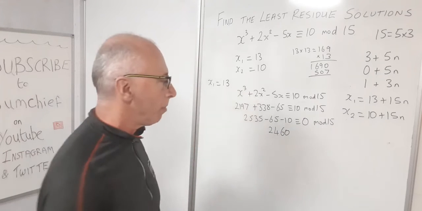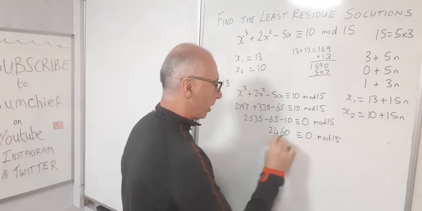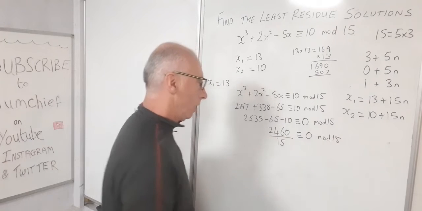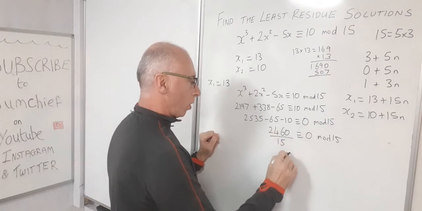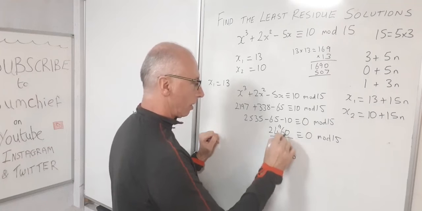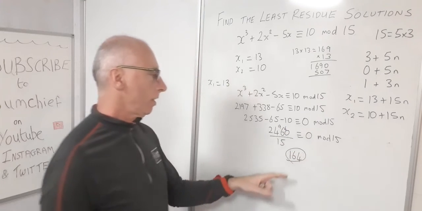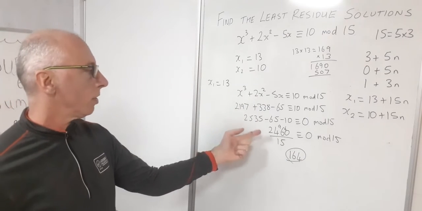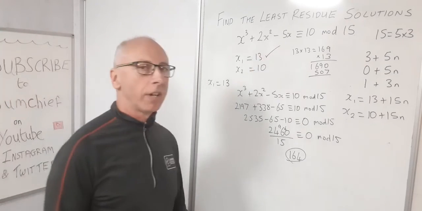And does this divide by 15? Let's do a quick division. 15s into 24 go 1, 9 left over. 15s into 96, 6 left over. 15s into 60 go 4. So 164 times 15 is 2460. x1 equals 13. That's correct.